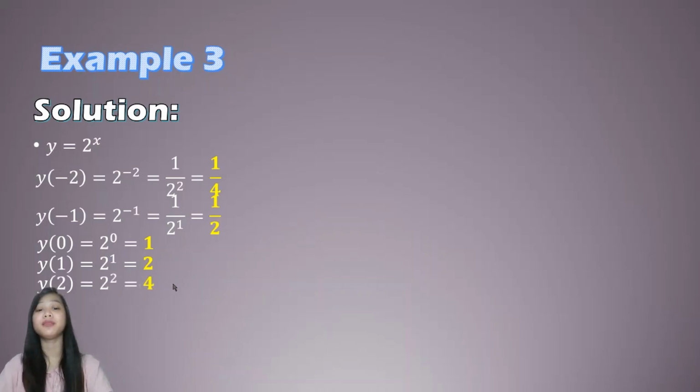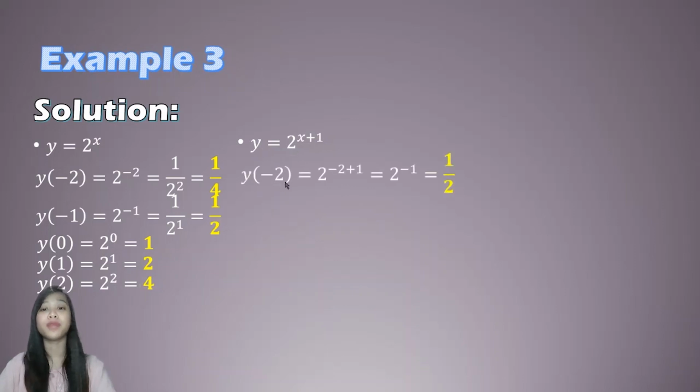For our second function, let's solve for the values. y = 2^(x+1). First, y of negative 2 is 2 raised to negative 2 plus 1. We substitute negative 2 for x, so negative 2 plus 1 equals negative 1.